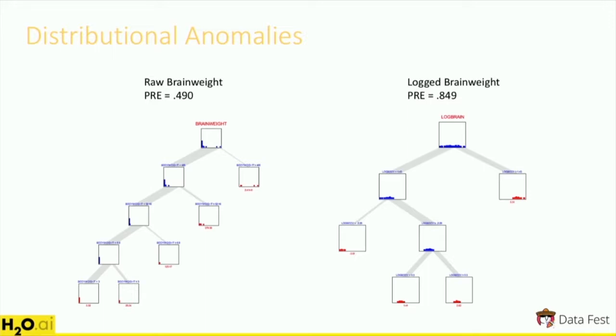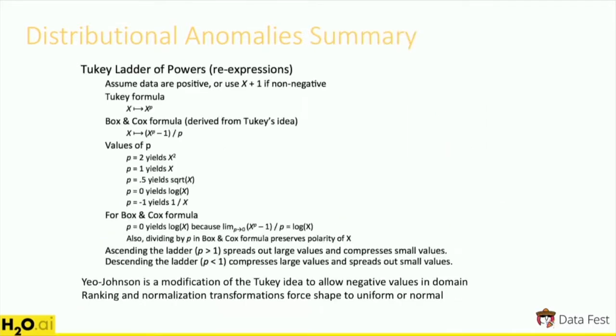Now, in regression, PRE would be equivalent to R-squared. On the right, with the logged version, it jumps way up to 0.849. So look how transforming a dependent variable, and I think most of you Kagglers know this and have done this in certain instances, can really help.